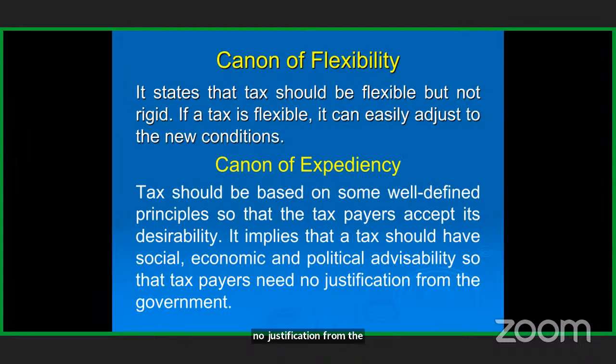Sometimes a tax seems to be desirable and satisfies many canons, but the government will not impose it. It is because of this reason that progressive agricultural income tax in India is desirable but not expedient.